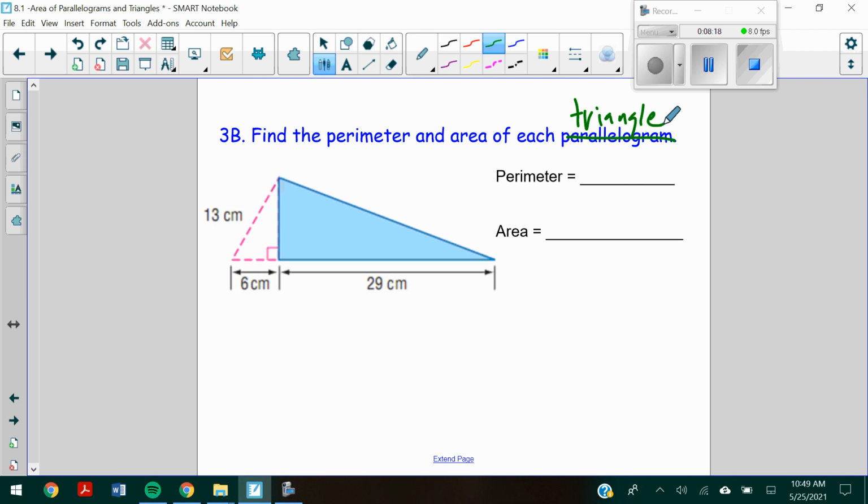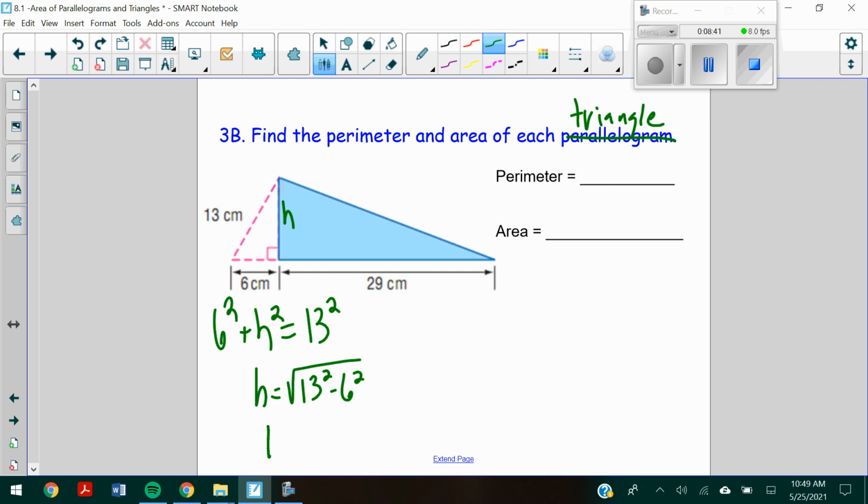All right, so if we look here, we are given our base, but we are missing our height. So we're going to do that handy dandy Pythagorean theorem. 6 squared plus h squared equals 13 squared. Remember, you can use your shortcut when you type it into your calculator.